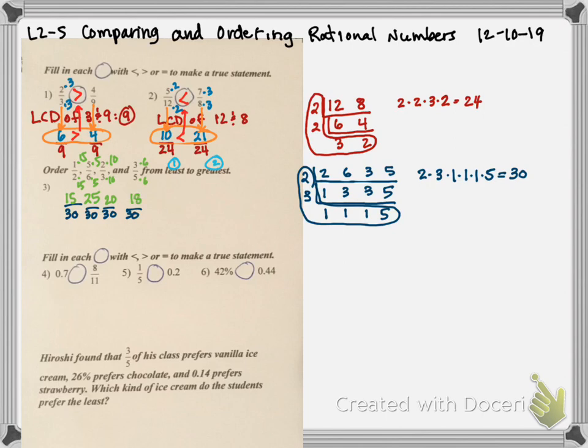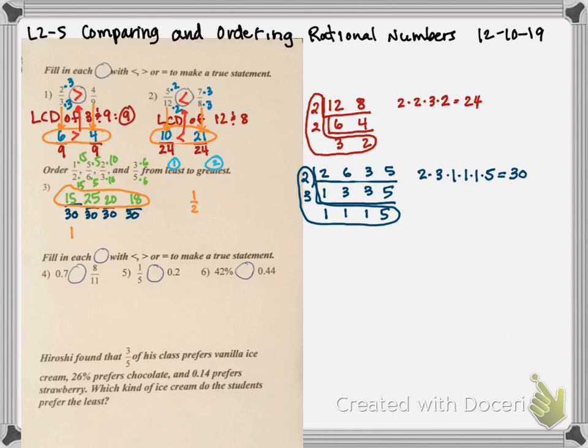So now what I'm going to do is look at these numerators only. And I'm going to write underneath which fraction is the smallest to which one is the largest. Well, 15 is the smallest of the numerators, so that's the first fraction. That corresponds to 1/2. That's your least fraction.